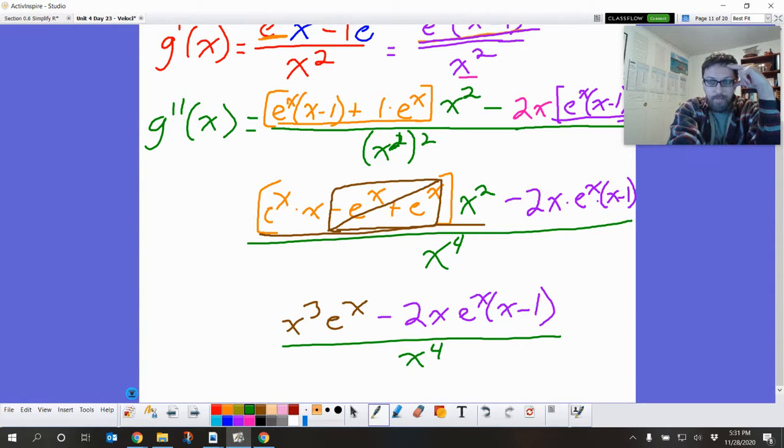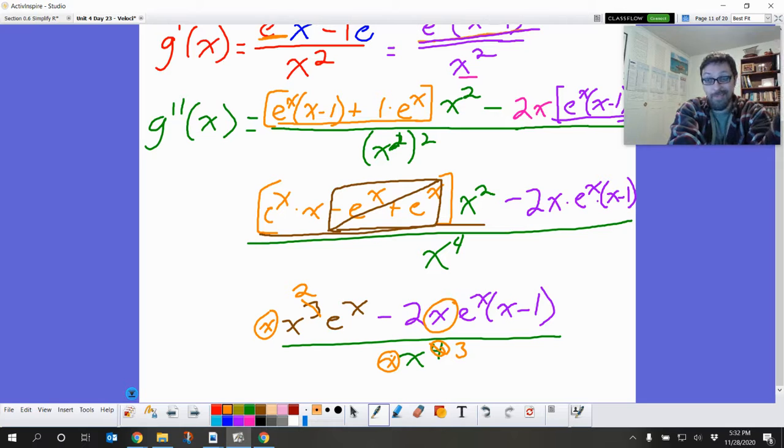Now, one thing I think we can do to simplify just a little bit more is there's a common factor of x here. We could reduce this to 2 so that there is a separate x, and we could take an x out of there and reduce this to 3.